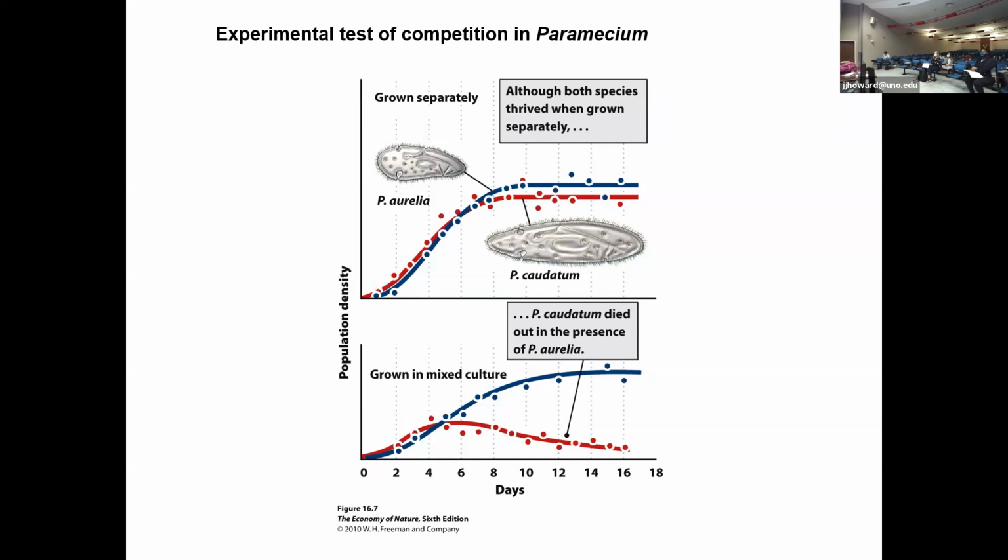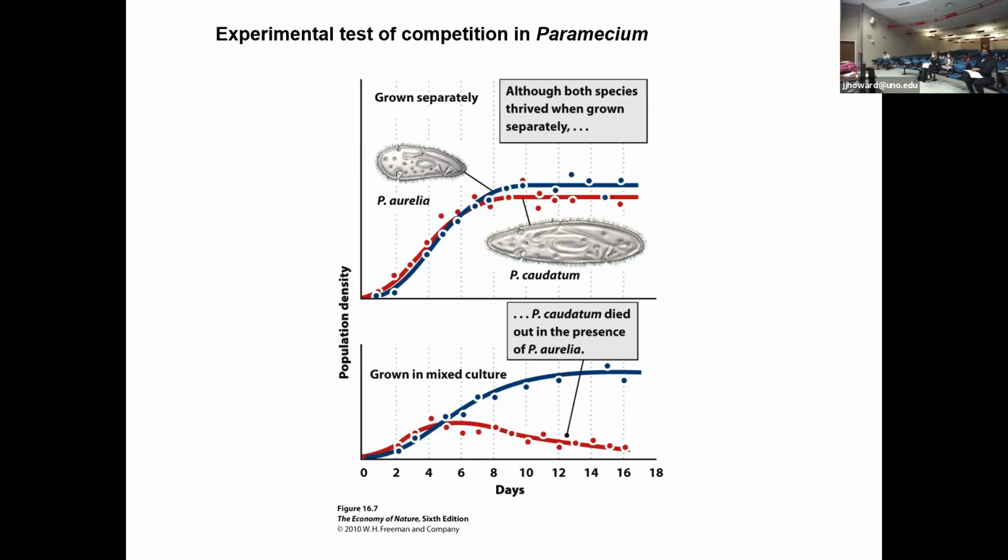All right, but what happens when you put them in competition? So when you put them in the same experimental setup, what happens? Well, as it turns out, Paramecium aurelia, here in the blue, causes the extinction of Paramecium caudatum. It does it pretty quickly. Like in 2 weeks, you've got near extinction of caudatum. Well, this is an experimental demonstration of competitive exclusion.